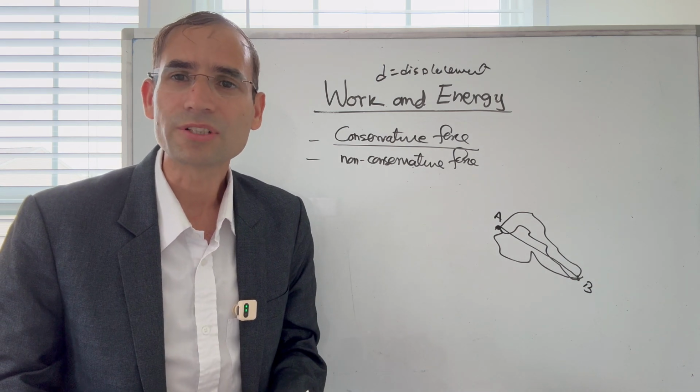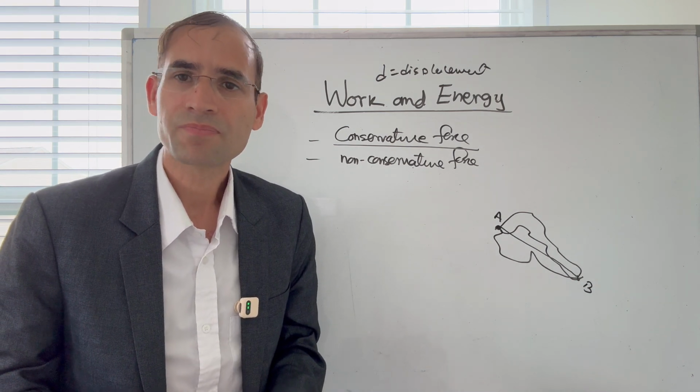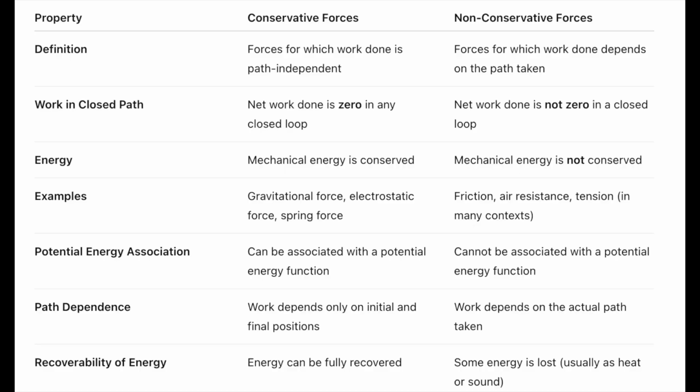So these kinds of forces are not conservative forces. We'll discuss the concept of conservative and non-conservative forces in detail in the class. Right now, understand that forces whose energy can be stored are conservative forces, and they are path independent. The non-conservative forces are path dependent.